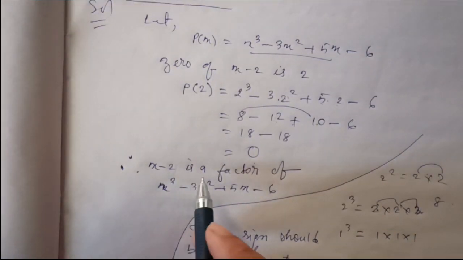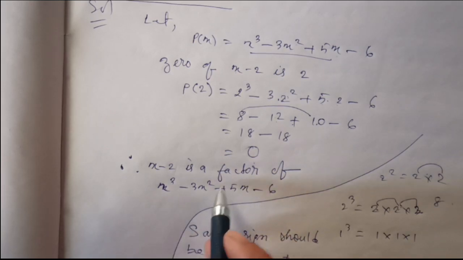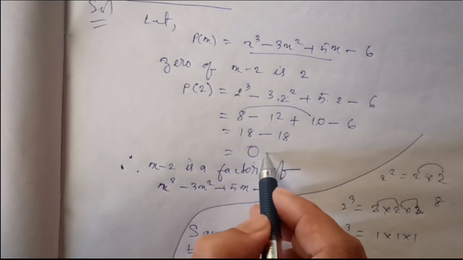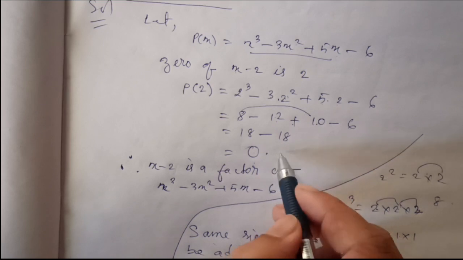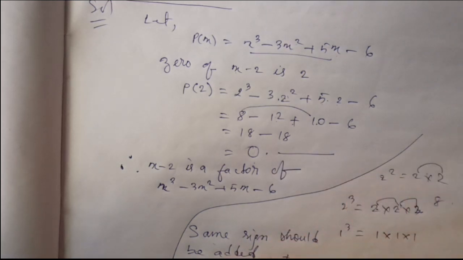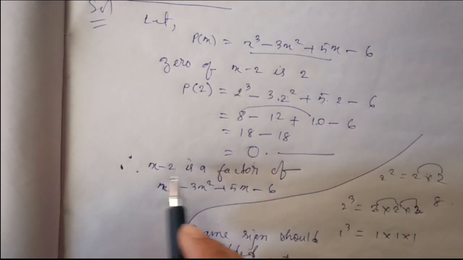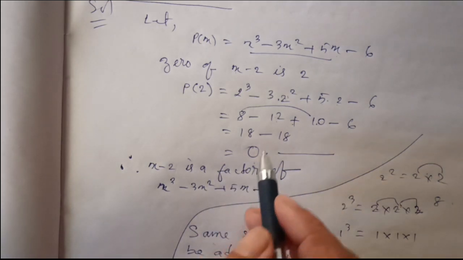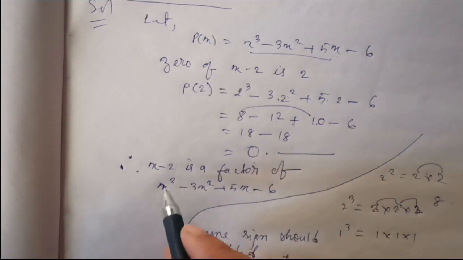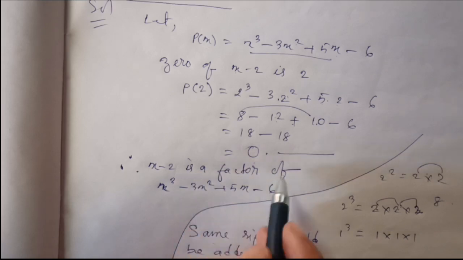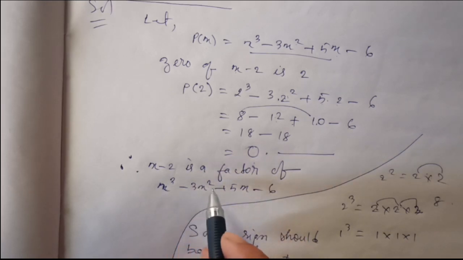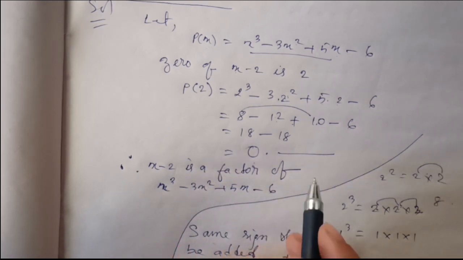So we should say that x minus 2 is a factor of this one. Why? Because we get the answer as 0. Suppose we get another number like 2, 3, 4, 5, then you should say that x minus 2 is not a factor. So since we get 0 as an answer, you should say that x minus 2 is a factor of x cubed minus 3x squared plus 5x minus 6.